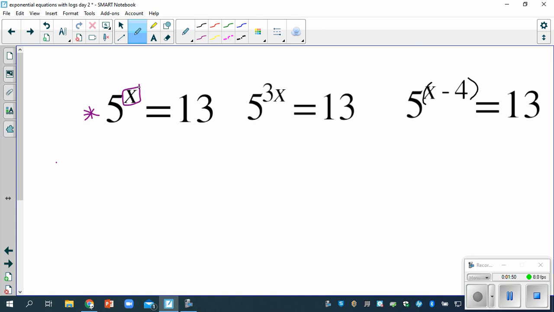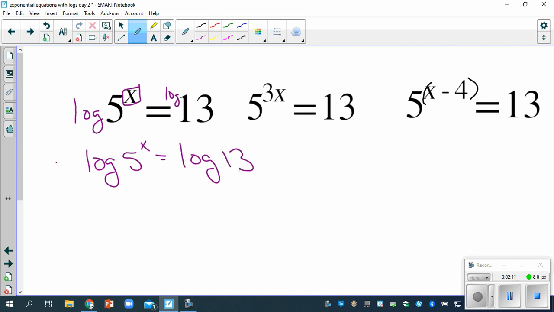So I am going to be using some tear gas. I'm going to take the log of this side, and what I do to one side, I do to the other. Look, I'm kind of squishing it in there. So here's what I have: log 5 to the x equals log 13. And you all remember what that does is it moves this dude out of the attic.